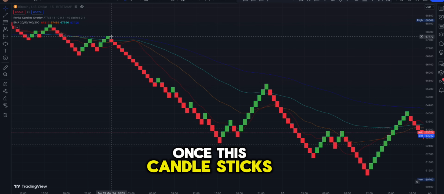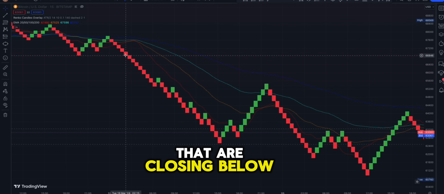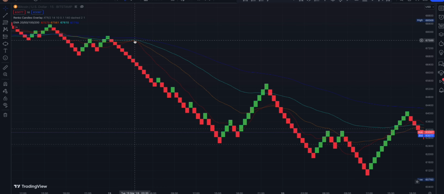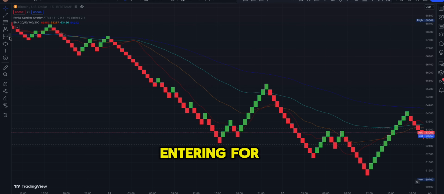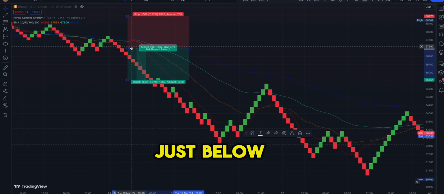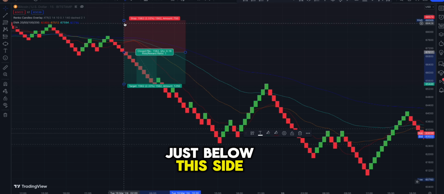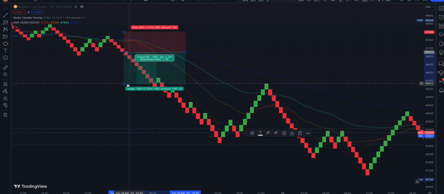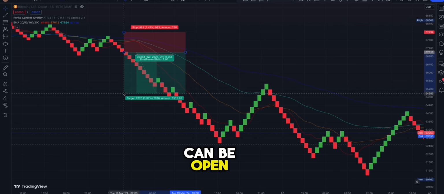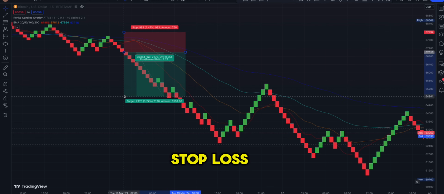Once this candlestick started closing below all the 4 moving averages, that's when you'll be entering for a short position. You'll be entering for a short position just below this side, and your stop loss will be above the most recent high. Then the take profit can be open or 2 times your stop loss.